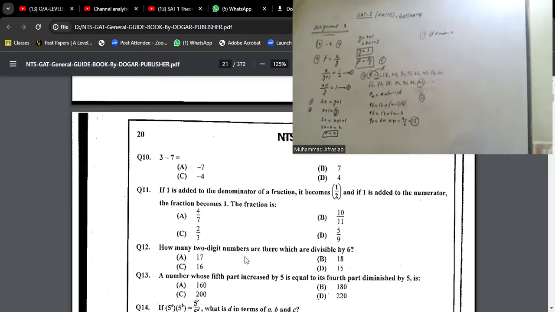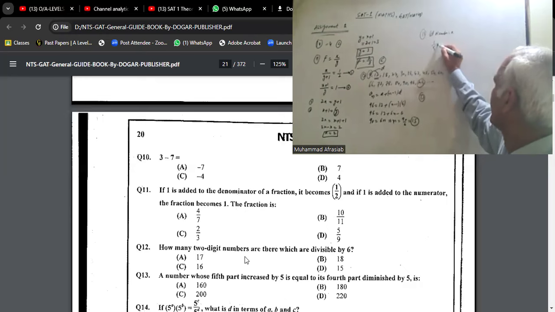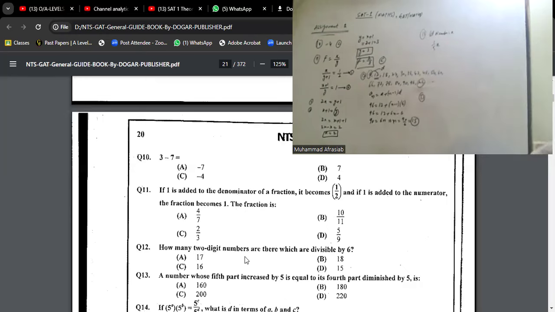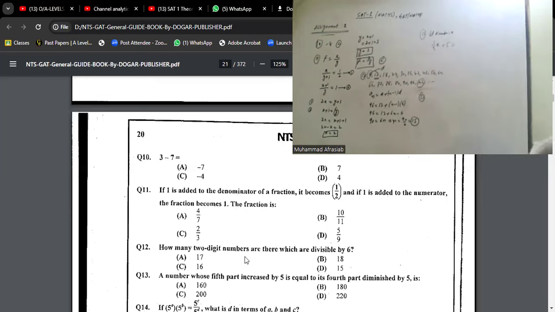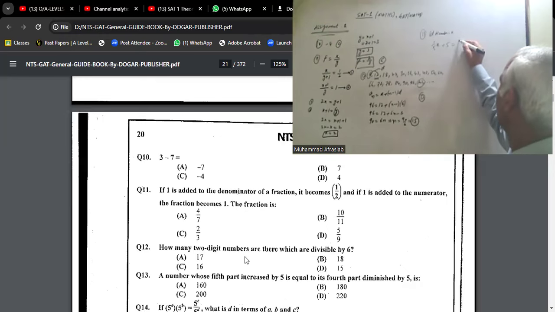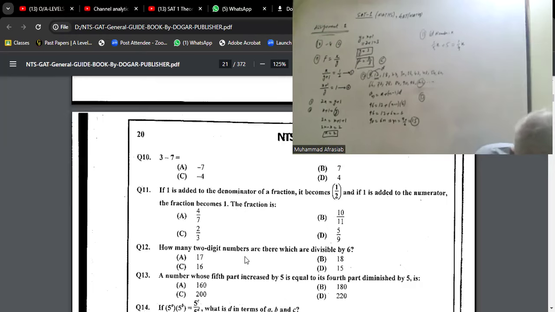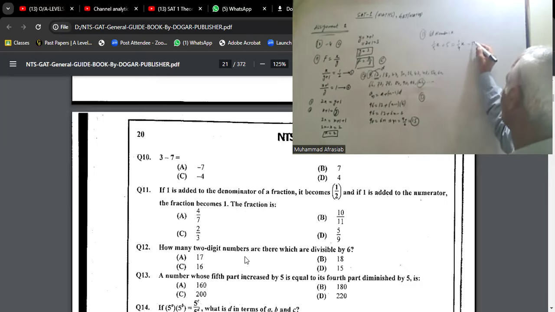Then they are asking the fifth part, so that is 1 over 5 of x, is increased by 5. Increase means plus 5. Is means is equal to its fourth part, that means 1 over 4 of x. Diminished means decreased by 5. So it should be equal to x minus 5.